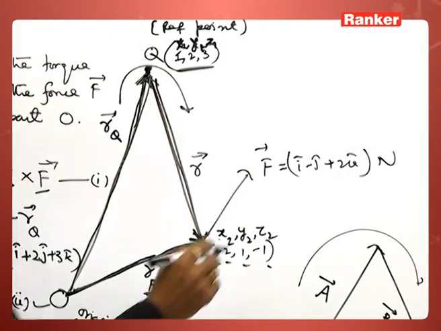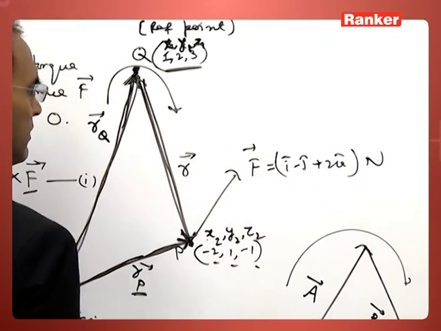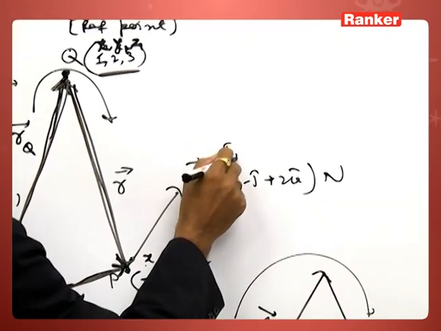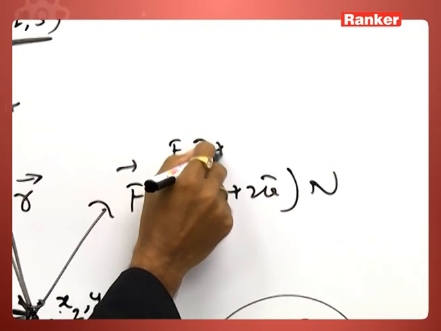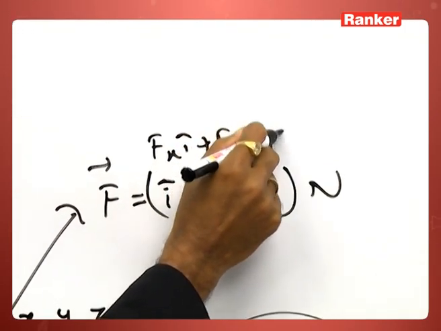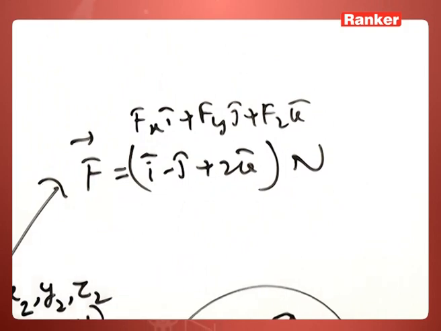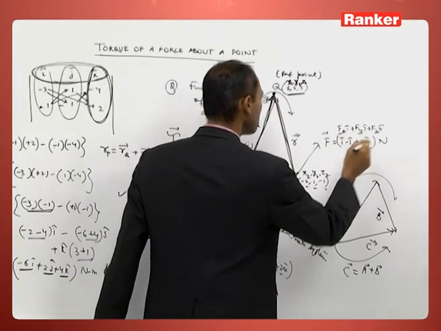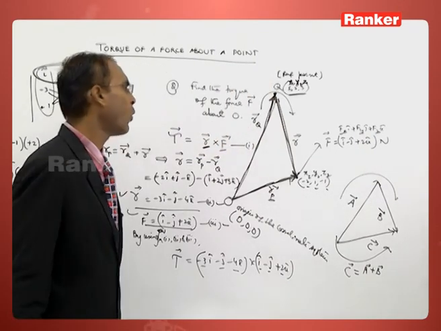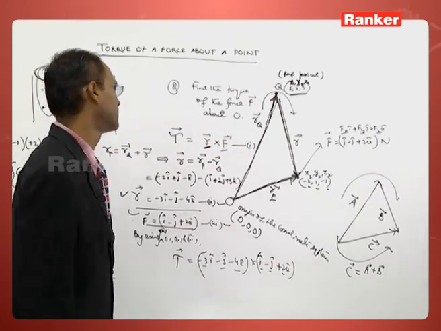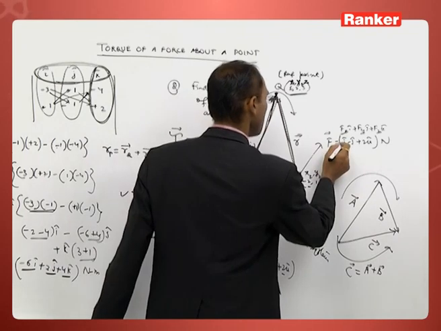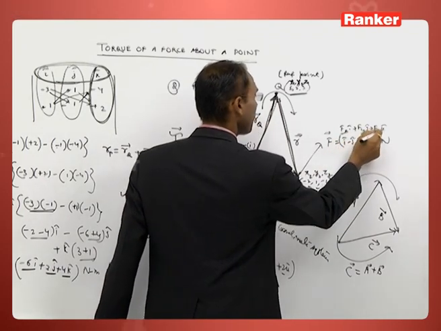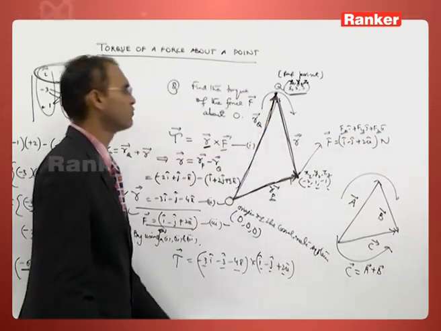And this force, let it be fx i cap plus fy j cap plus fz k cap. Fx, fy, fz are the components of the force along x, y and z axis. Here fx is plus 1, here fy is minus 1, here fz is plus 2.